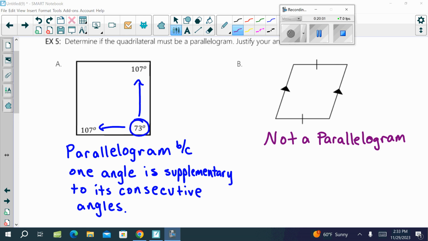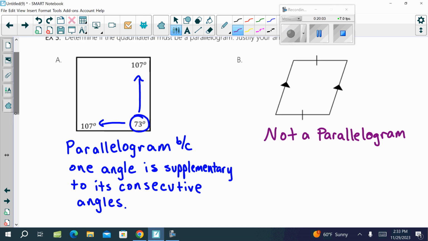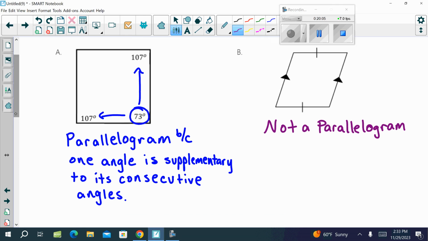All right, what do you think? Yeah? It's the one where I don't know how to describe it. Just say the property, like you said. If one pair of opposite sides of a quadrilateral are parallel and congruent, then the quadrilateral is a parallelogram. Good.